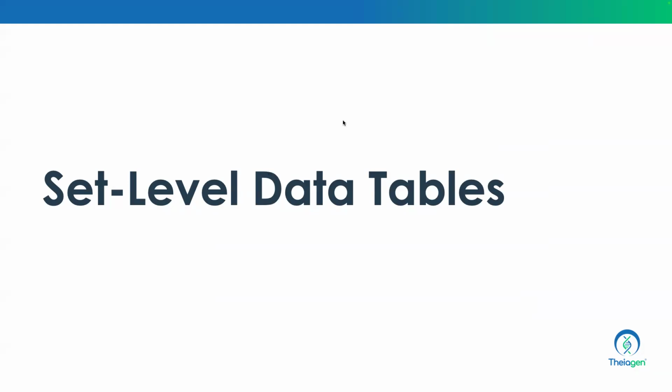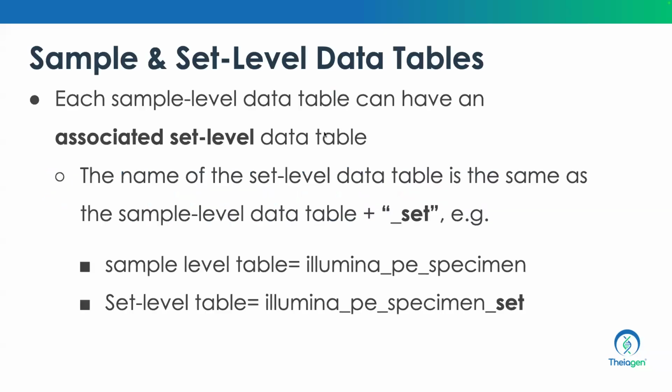The next thing that we want to talk about are the set level data tables, because this is also important for RC typing workflow. So there are two kinds of data tables on Terra. We have a sample level as well as a set level data table. So each sample level data table can have an associated set level data table.